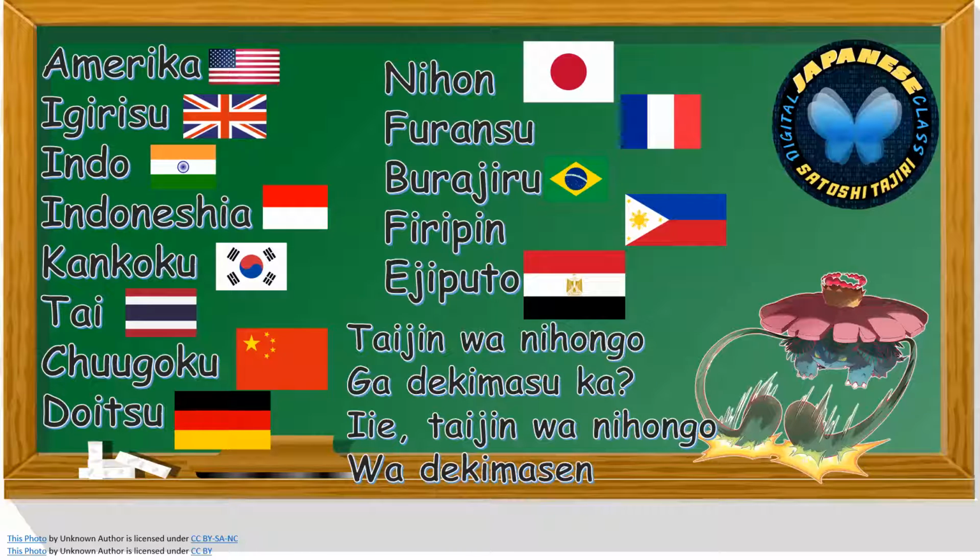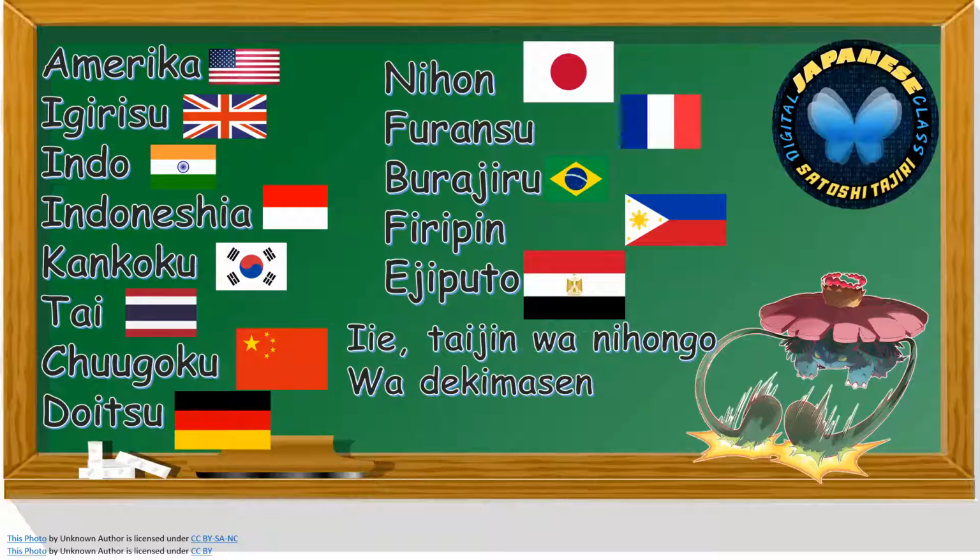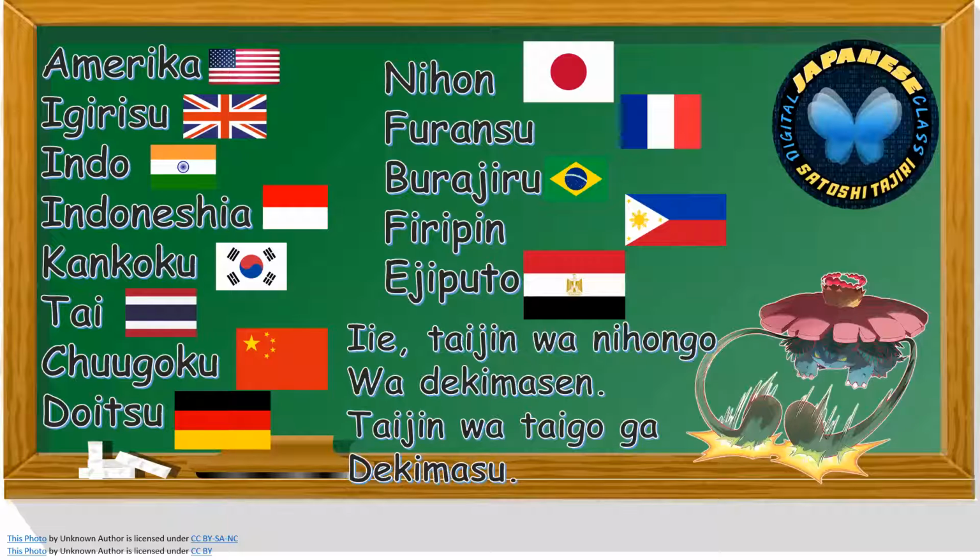So you change the particle to wa because you want to reverse my assumption, which is incorrect, and make the verb negative. Dekimasen. Iie, Taijin wa nihongo wa dekimasen. And you can say here, Taijin wa Taigo ga dekimasu.